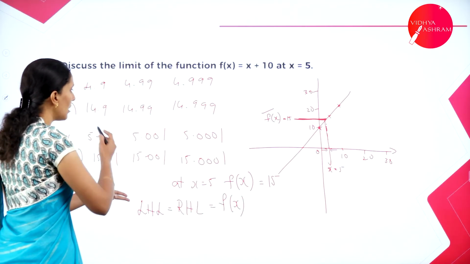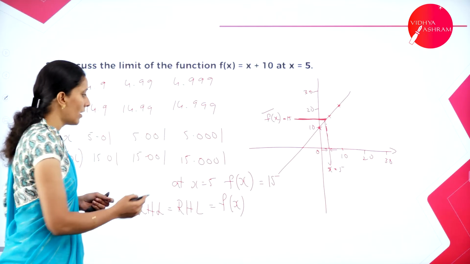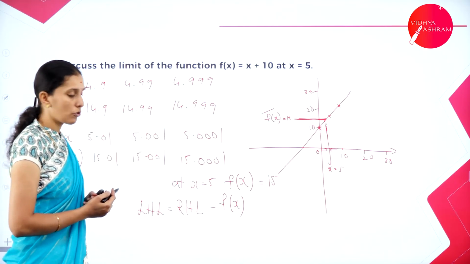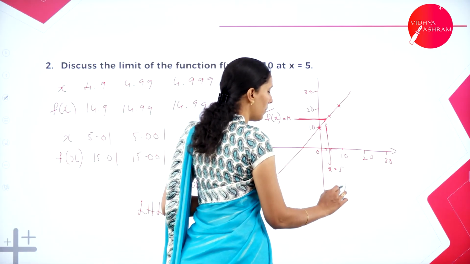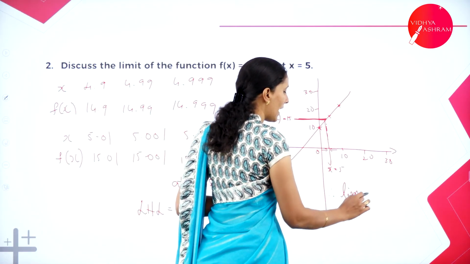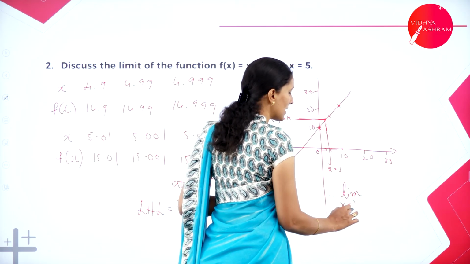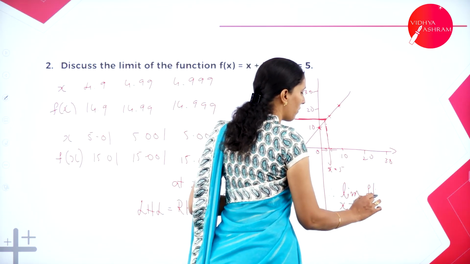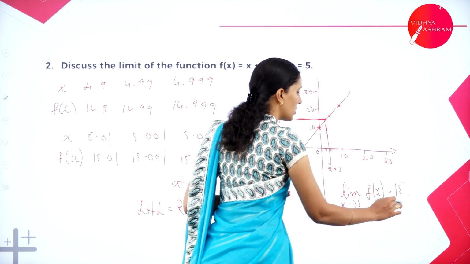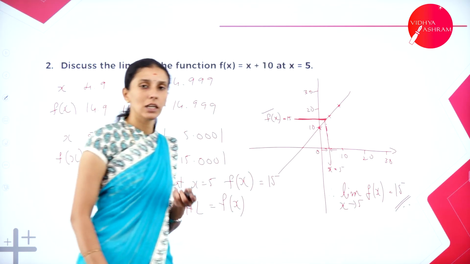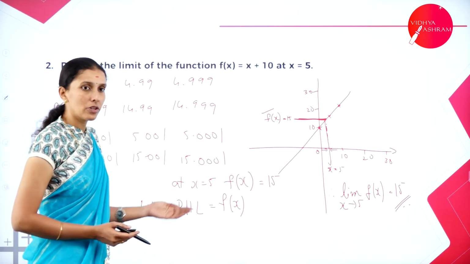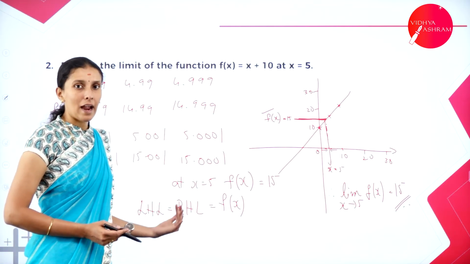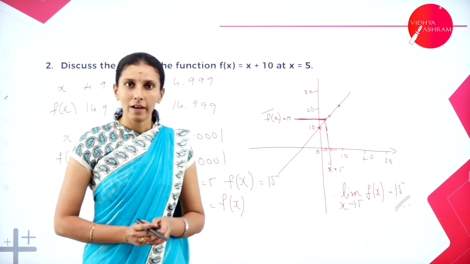Your left hand limit approaches 15, and the right hand limit also approaches 15. So what I can conclude here is that the limit of the function exists, that is, the limit as x tends to 5 of f of x is equal to 15, because the left hand limit and right hand limit are the same and equal to the functional value.